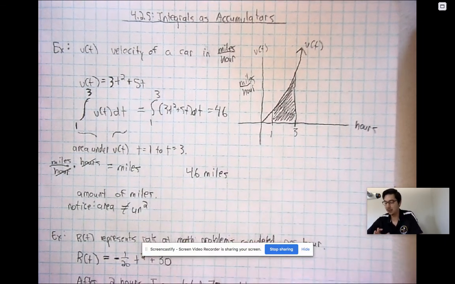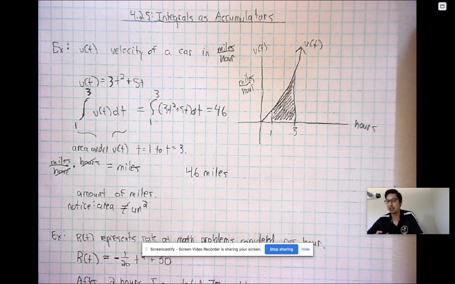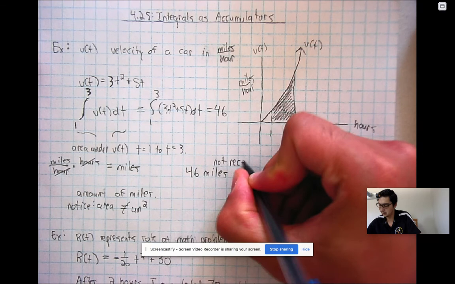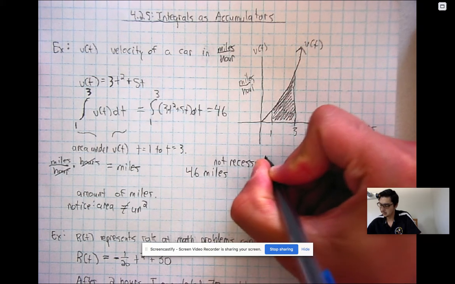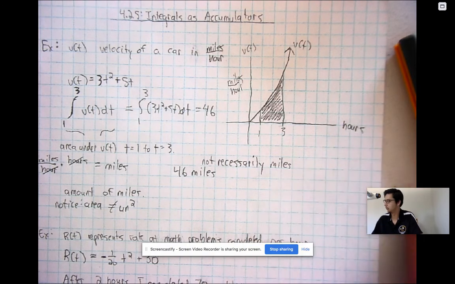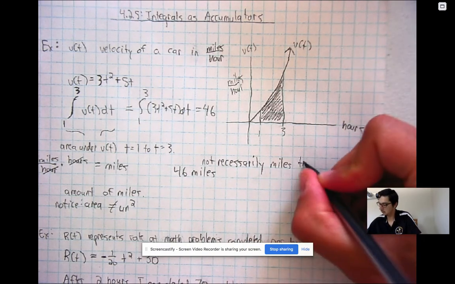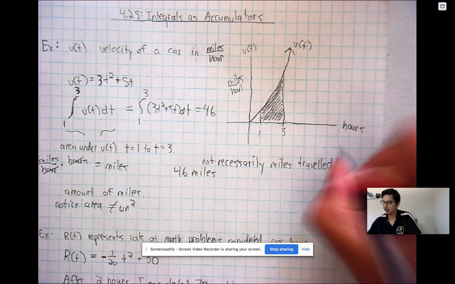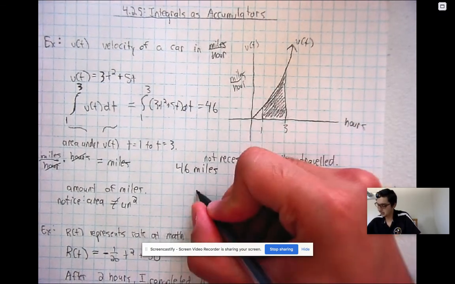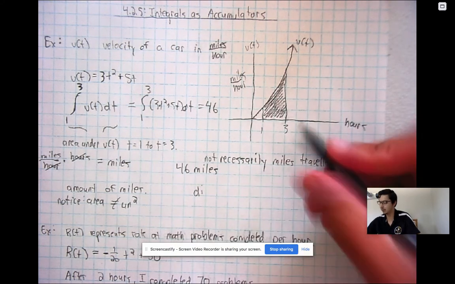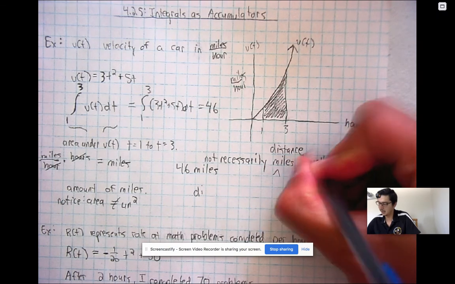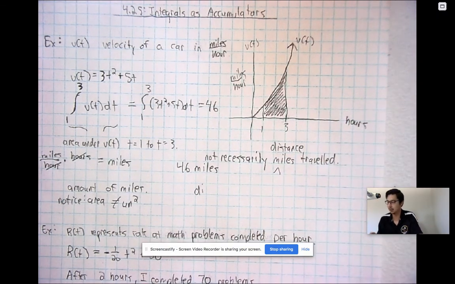Now what do these miles mean, though? It's important you recognize that it's not necessarily the miles traveled. What this represents is the displacement. When I say not necessarily miles traveled, it's not necessarily the distance, because remember that the antiderivative of velocity is not distance, it's displacement.